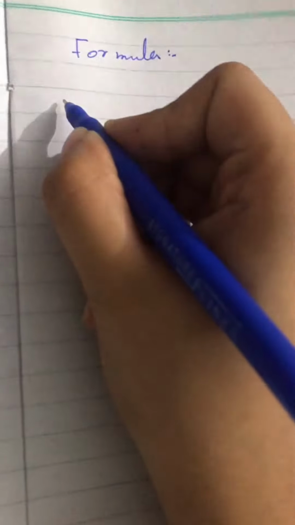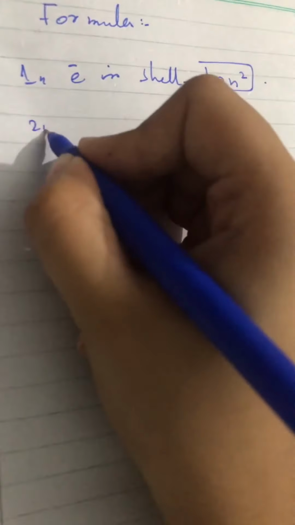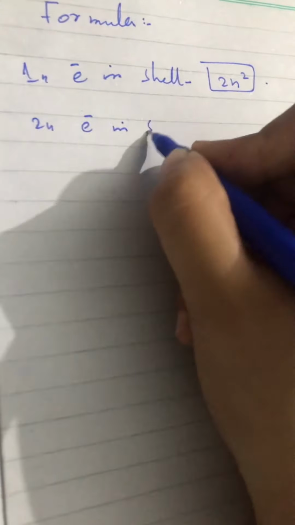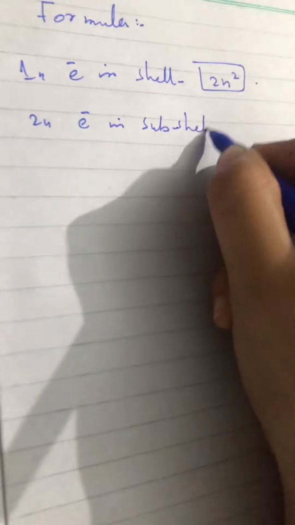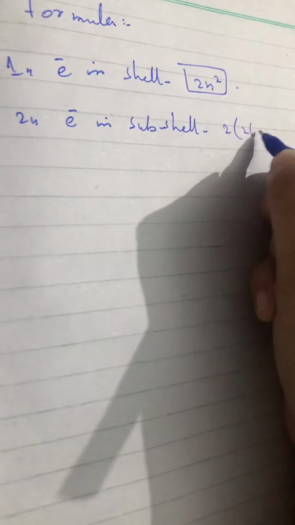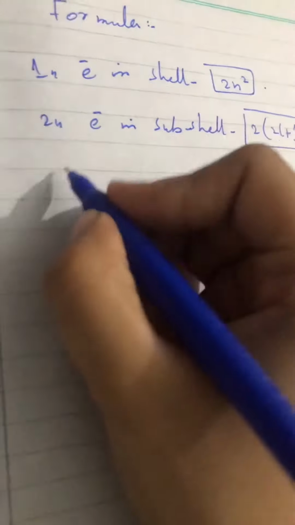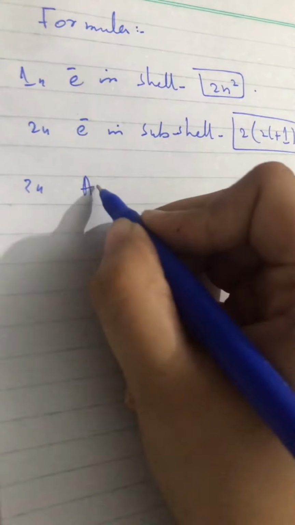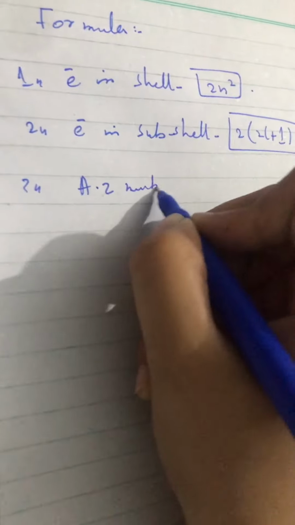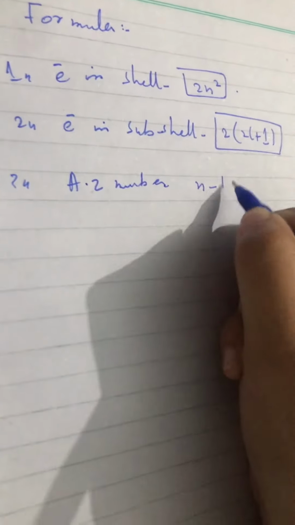You can remember some formulas. For finding electrons in a shell, that is 2n squared. For finding electrons in a subshell, we have 2(2l+1). For finding the azimuthal number, that is n minus 1.